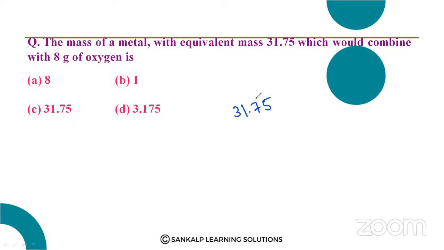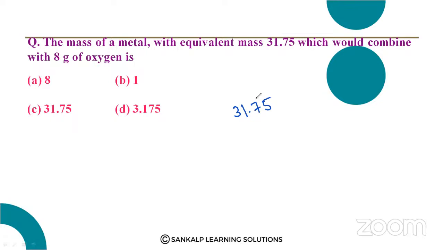What is the statement of equivalent mass? The number of parts by mass of the substance that combines with or displaces 1.008 parts by mass of hydrogen or 8 parts by mass of oxygen. So this particular metal is combining with 8 grams of oxygen.